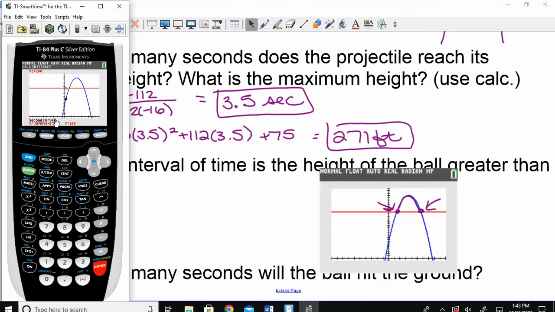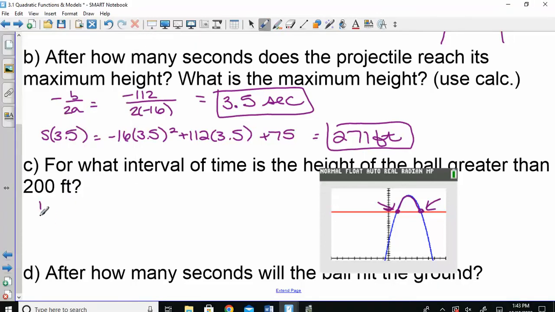And then if you notice, my cursor jumped up to my line, and it says second curve. And it does it automatically, so I just have to hit enter. And then it asks you for a guess, because this really goes on forever. So we have to tell our calculator where to look. So you just get reasonably close to your point and hit enter. And then it tells us the intersection. X is 1.393.